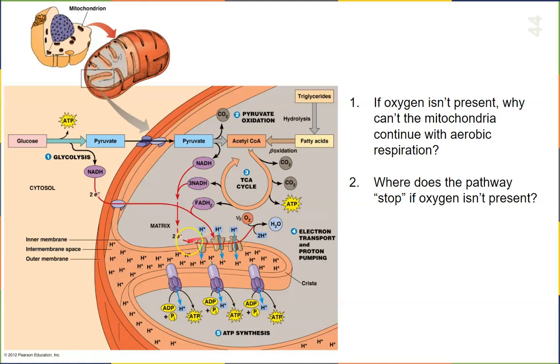So if we don't have electron donors here, and they're just locked up as NAD, FAD, they're not being utilized here, and pyruvate's not being made to acetyl-CoA, well, we can't do anything past the glucose point. So we can actually do a different step after glucose. Instead of going into a mitochondria, we can do something else, which is what we're going to get to next.